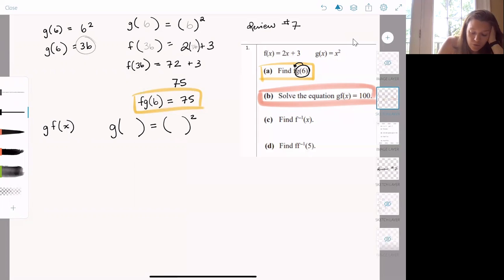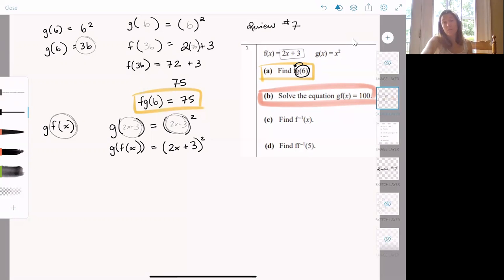But instead of putting a number in there, I'm actually just going to put my f of x function inside of it, here and here. Well, I don't want to just write f of x because that's not going to help me when I'm solving. But what is f of x? It's 2x plus 3.